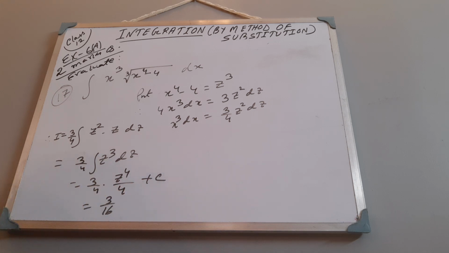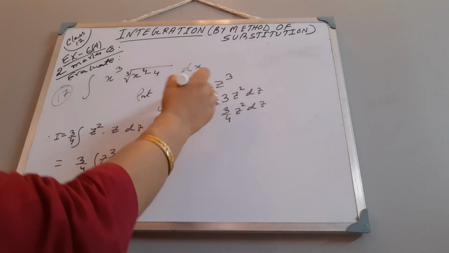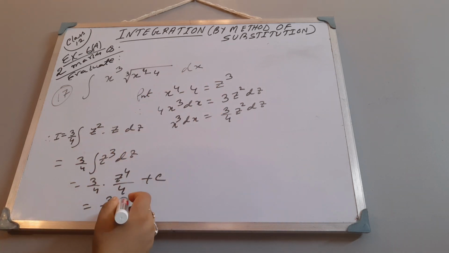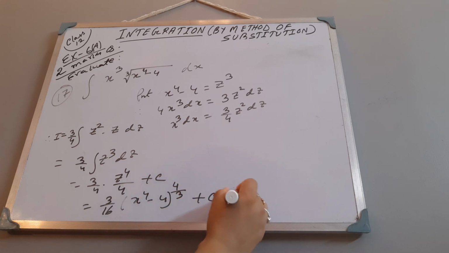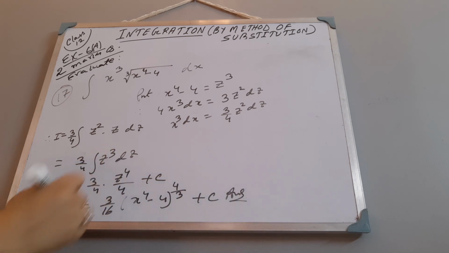z to the power 4, where z is the cube root of this, means the power 4/3. So what we will write: x to the power 4 minus 4, to the power 4 and cubic root, so it is 4/3 plus c. Understood this part?